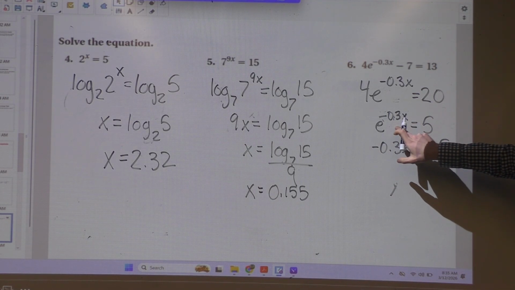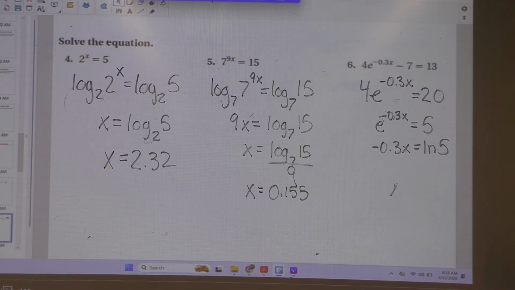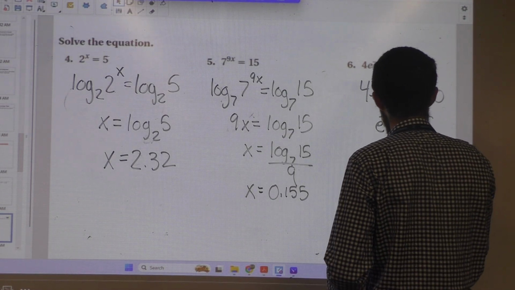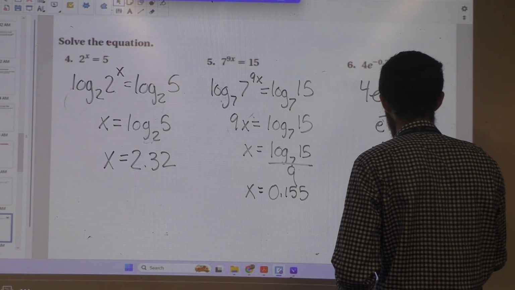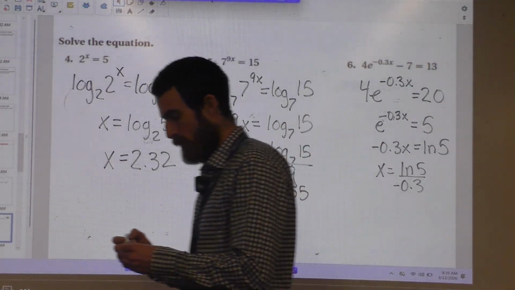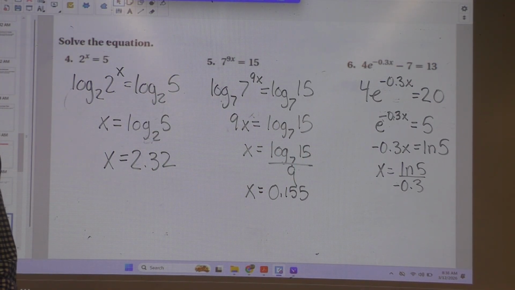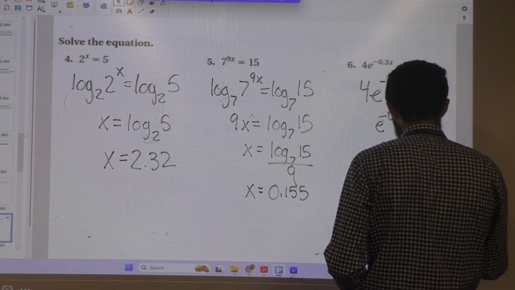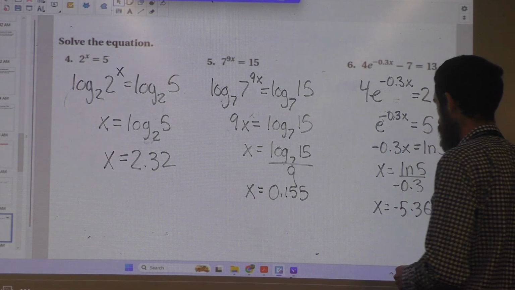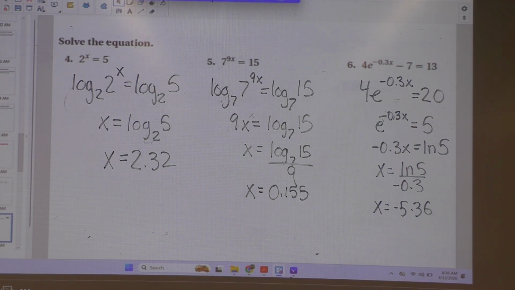I've taken the natural log of both sides, canceled out, ln of 5. x equals ln of 5 divided by negative 0.3. That's negative 5.36. Good.